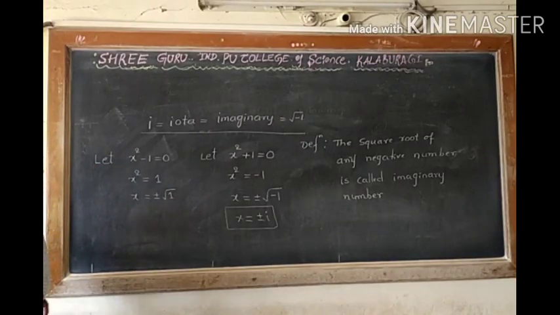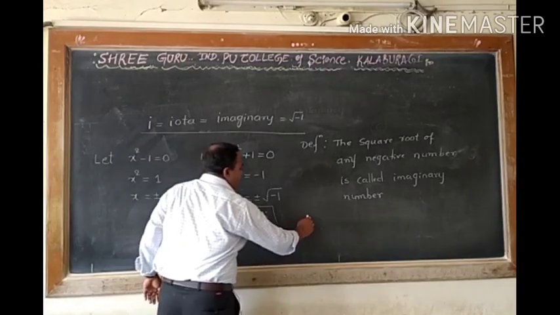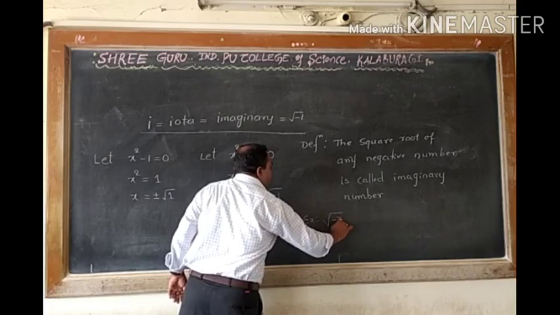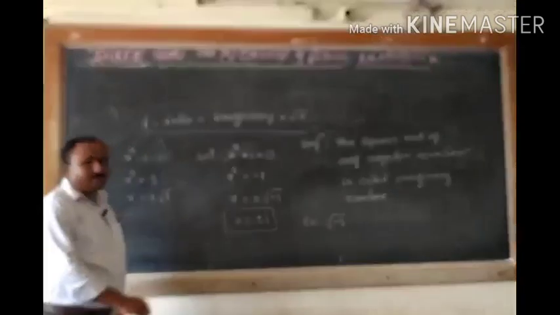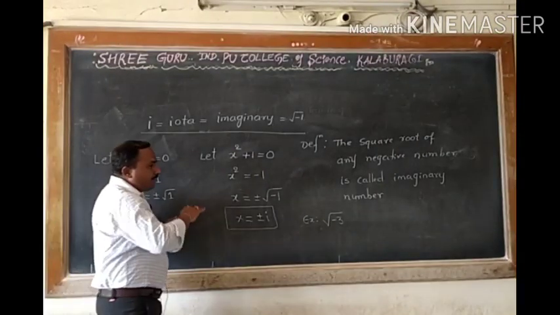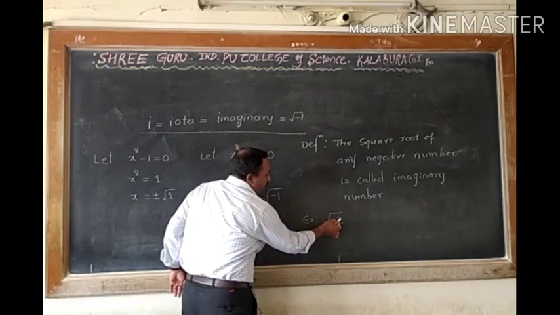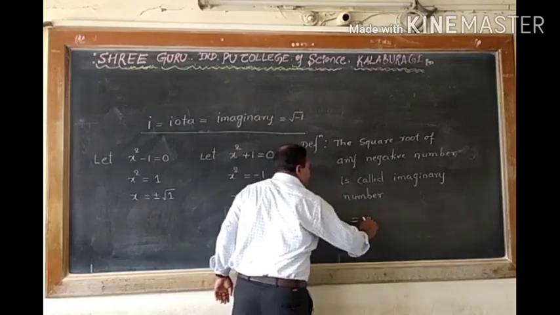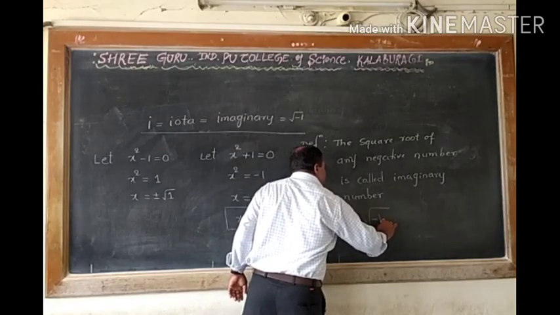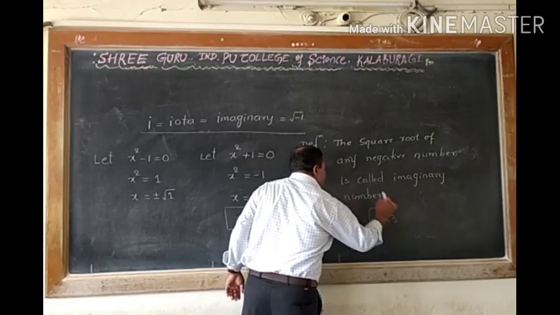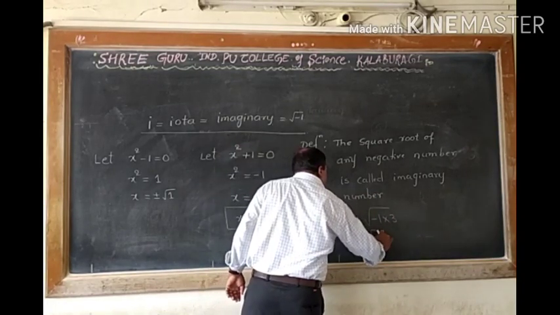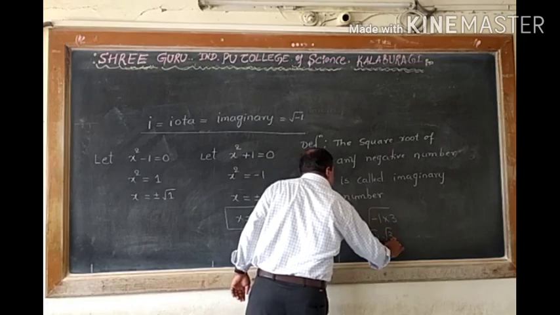Here, for example, root of -3 is there. Suppose one value is root of -3. Take the negative outside. Square root of a negative number should be an imaginary number. This can be written as root of -1 into 3, root of -1 times root of 3.